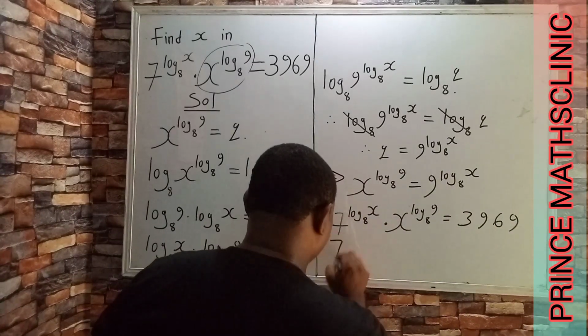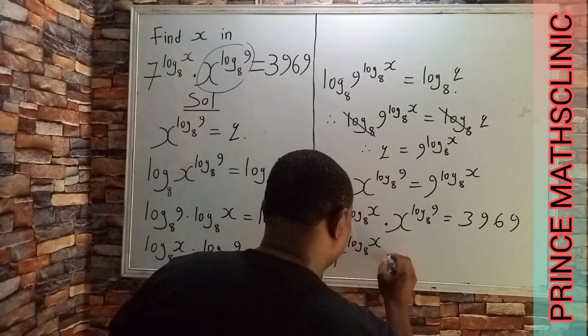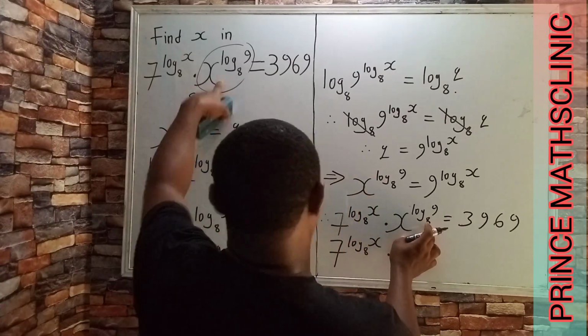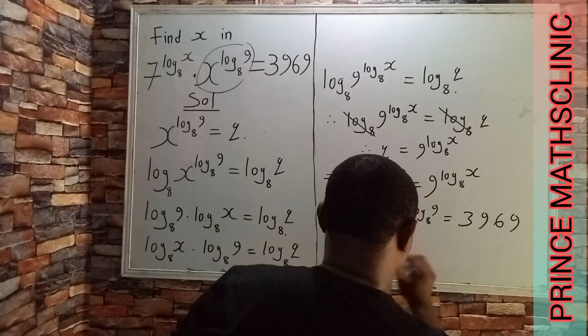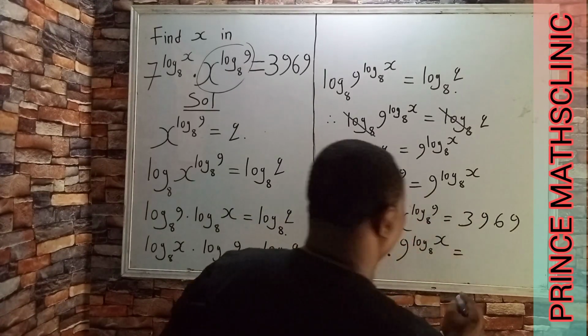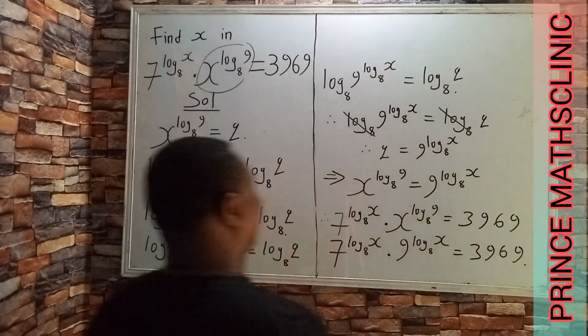Therefore, I can say 7 to the power of log x to base 8. Then, instead of writing this now, I can replace it with this part, which is 9 to the power of log x to base 8, all equals to 3969.